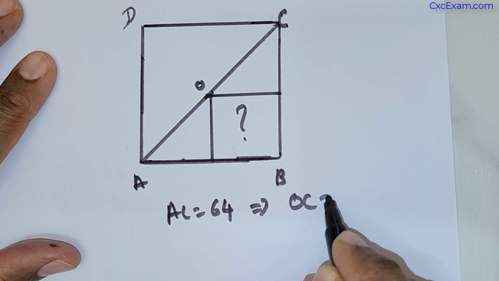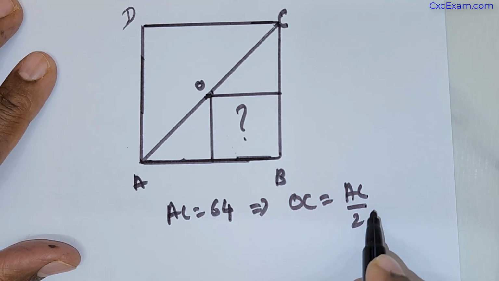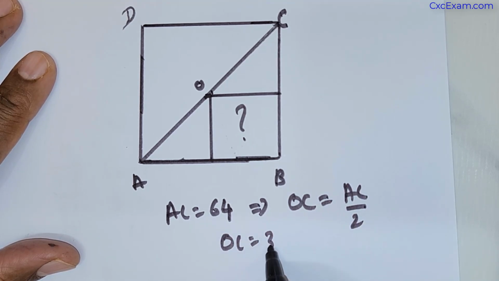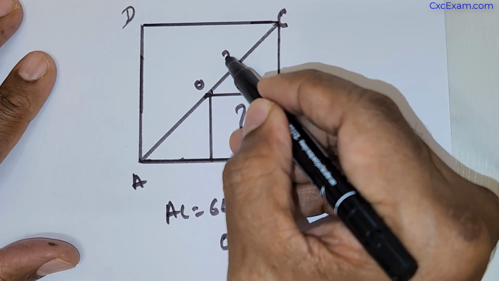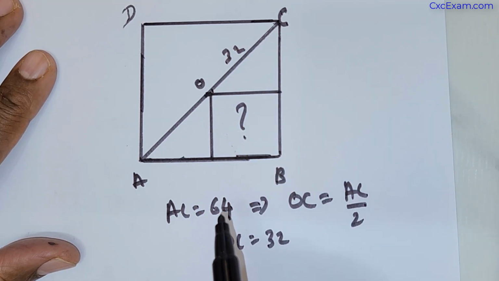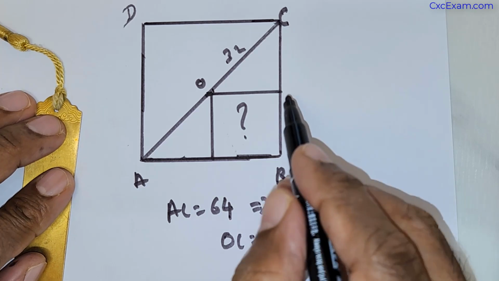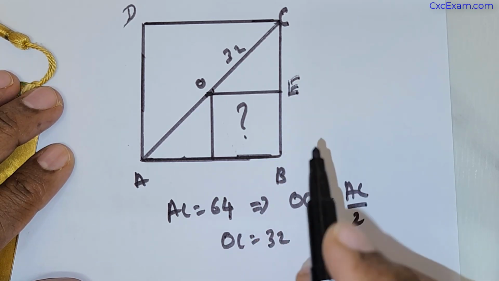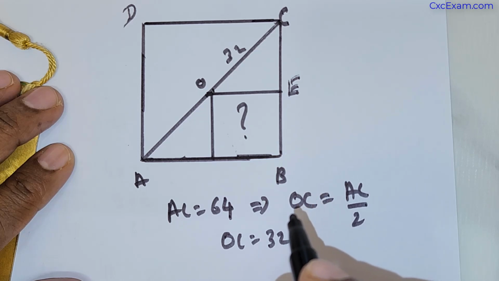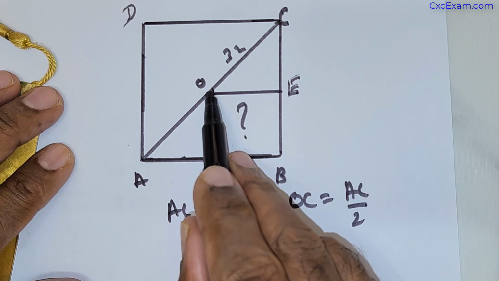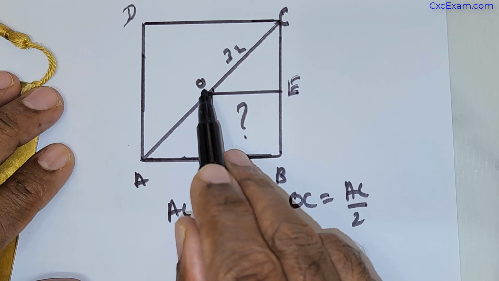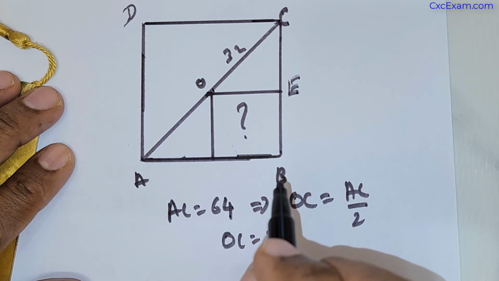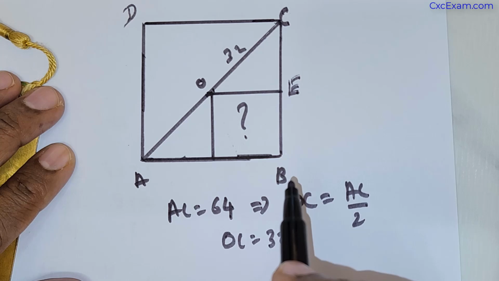this means OC is AC over 2. So OC is going to be 32 units. So this is 32 units. Okay. Now let me take this point as some E. Right. So clearly the corner is intersecting the center of the square.